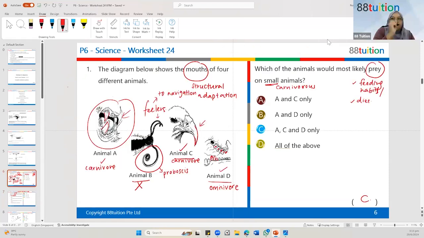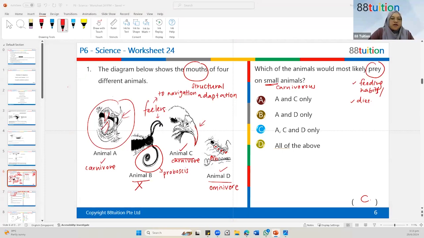Okay, great. Please, students, you must not anyhow name the animals if the question doesn't ask you to name. This is very important, especially in open-ended questions.